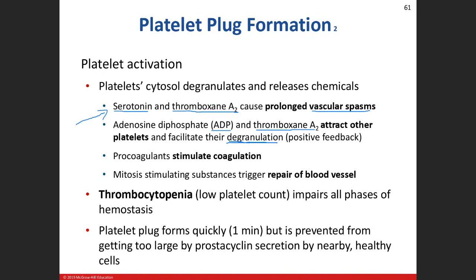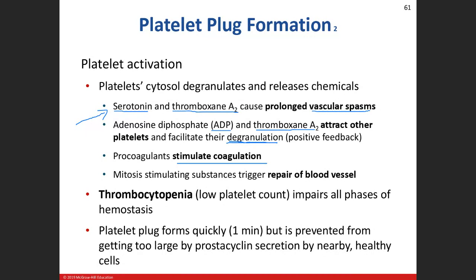And if we're releasing more thromboxane A2, that is going to then attract more platelets. So we see we're in that cycle now, that positive feedback situation. And all of that is going to help to stimulate coagulation, blood clotting. So once we clot the blood, then we've blocked off that area.